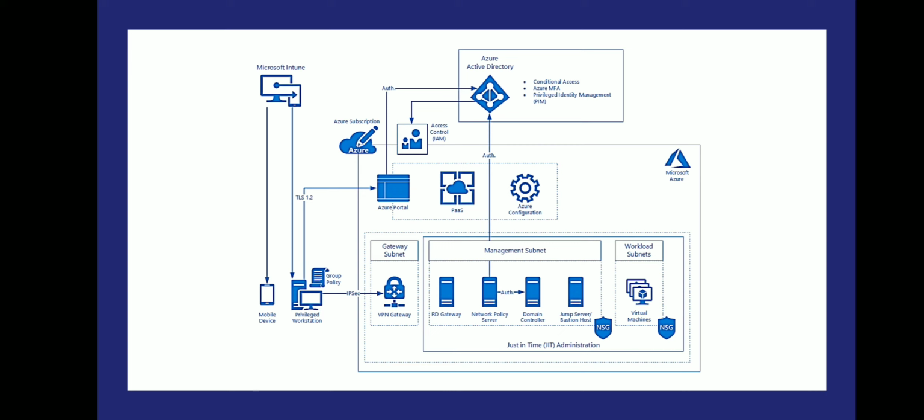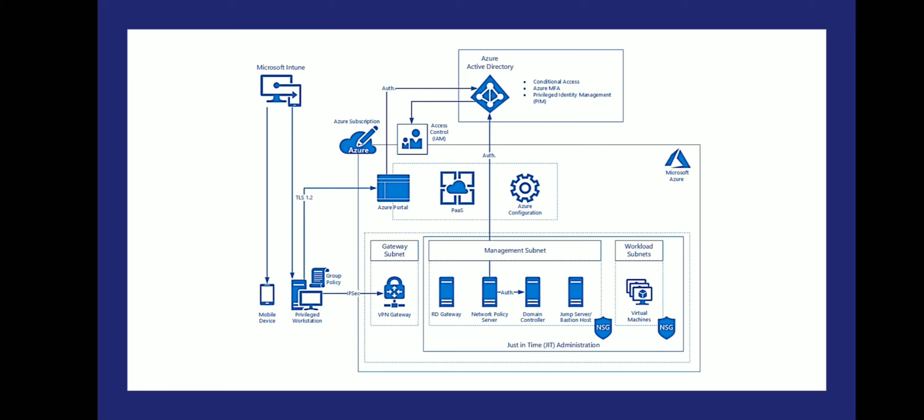The administrator uses just-in-time to request to RDP to the jump server from the RDP gateway IP address, and RDP or SSH from the jump server to the relevant workload machines. Now, the network policy server, NPS, receives the authentication request from the remote desktop gateway and validates the username and password against Active Directory before sending a request to Azure Active Directory to trigger an Azure MFA authentication request.